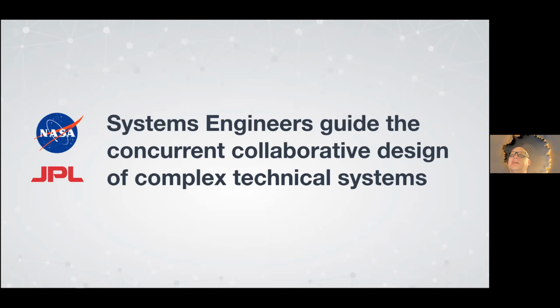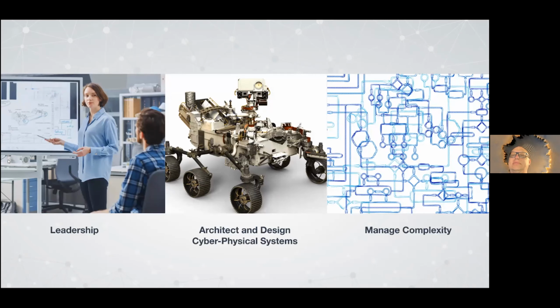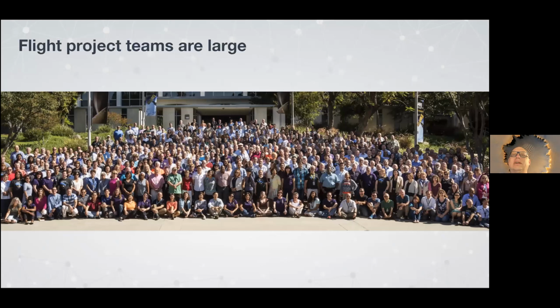So systems engineers have the ability to do their own system level designs thanks to MBSE, but that compels them even more to collaborate with the other disciplines in engineering to build these modern complex technical systems. So that requires leadership, architecture, design, and the management of complexity. So it's a lot of things to bring together.